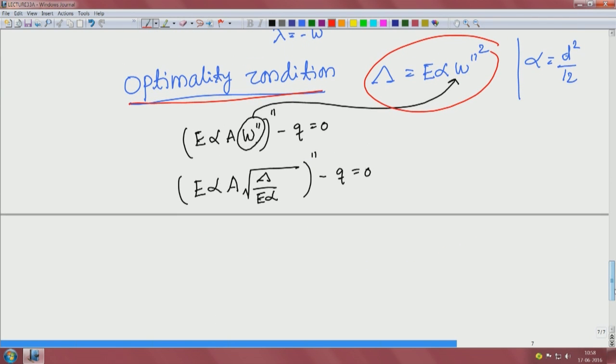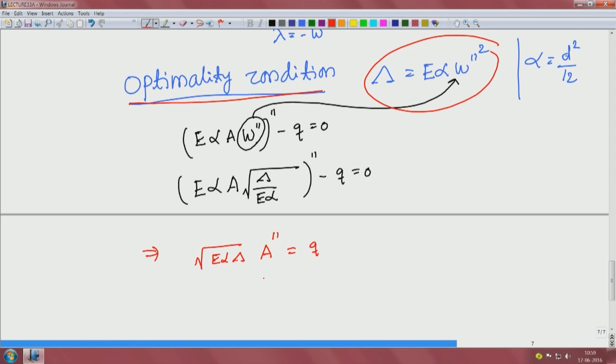So, once we have here, we know that these are all constants. In fact, I can rewrite this as square root of E alpha lambda, all are constant except that we do not know lambda, times A double prime, which will apply only to A because others are constants, right. So, that is equal to q, which is given to us.